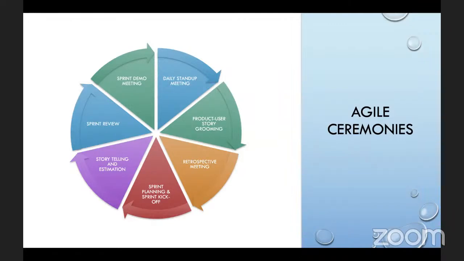We need to look at the complexity of the story. We need to look at the value of the story. We need to look at the risks, assumptions, and all those things. So a combination of all these points will be the guidance for us to establish that as a team, this is our bandwidth, right? This is our capacity, right?